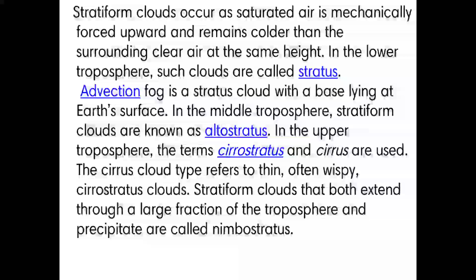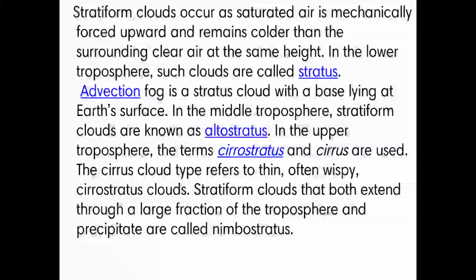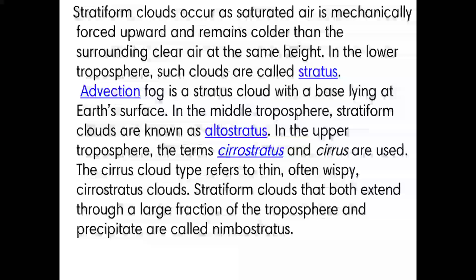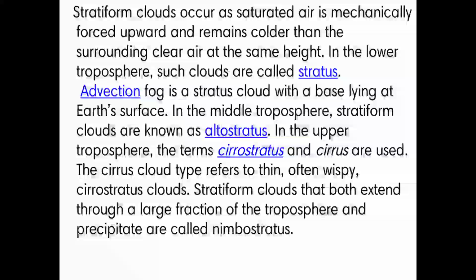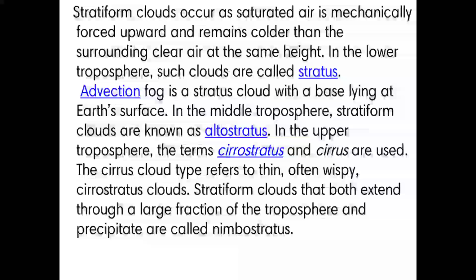Stratiform clouds occur as saturated air is mechanically forced upward and remains colder than the surrounding clear air at the same height. In the lower troposphere, such clouds are called stratus. Advection fog is a stratus cloud with a base lying at Earth's surface.